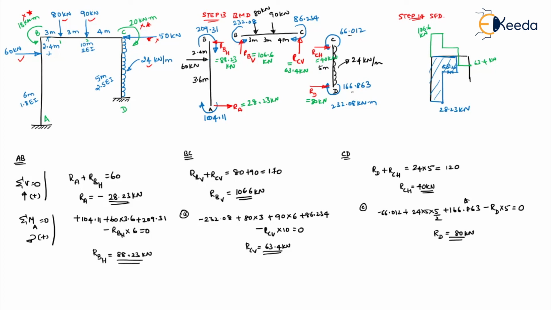See here, this is 106.6. So minus 80 if you do, you will come down till here. Then again that value minus 90, it will come down to 63.4.